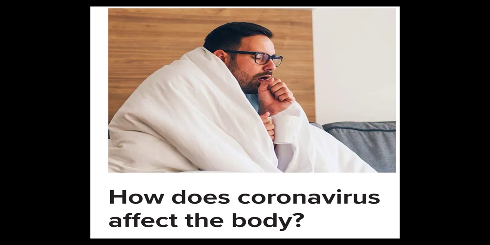In 1937 it was found in animals, not in humans, but in 1960 it was identified in humans. The name corona came from the crown-like projections, from the Latin word halo, crown. Somehow the virus looks like that.